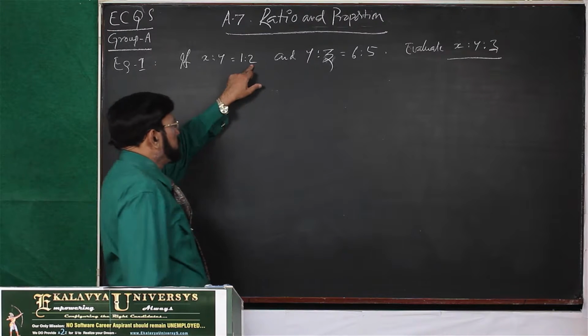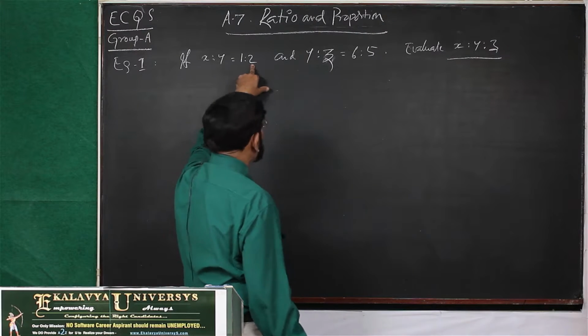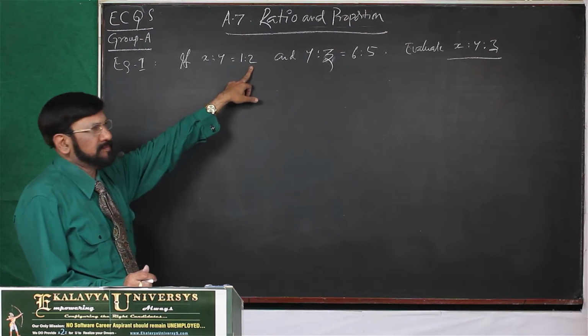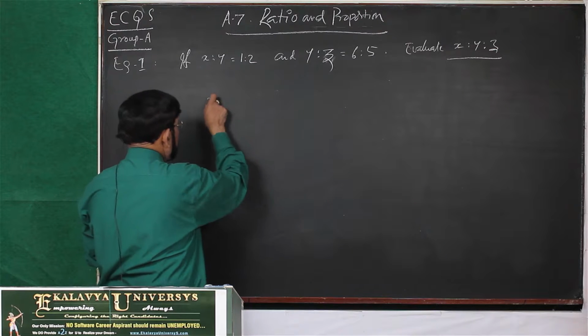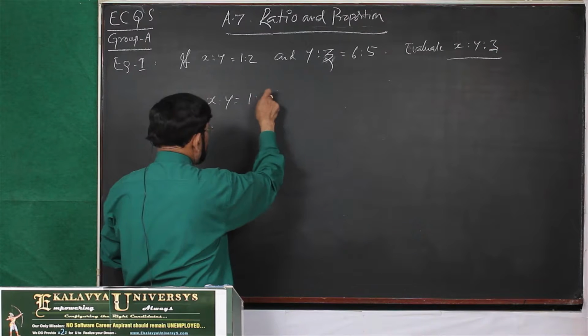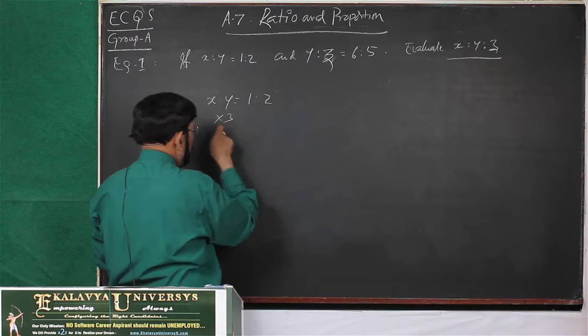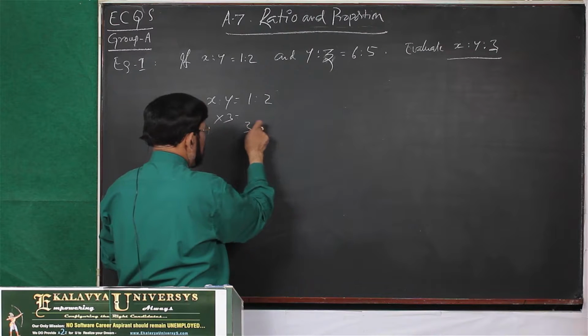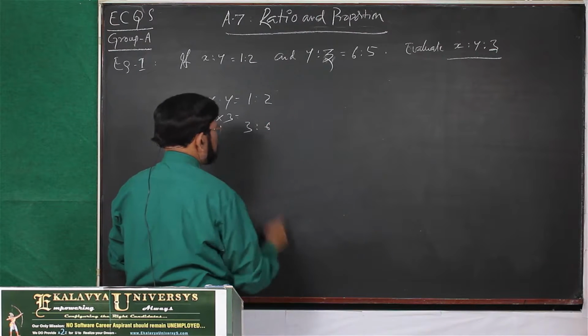So here y's value is 2, and here 6. How can you make it 6? Take x is to y, 1 is to 2, and multiply it by 3. Then what happens? 3 is to 6.